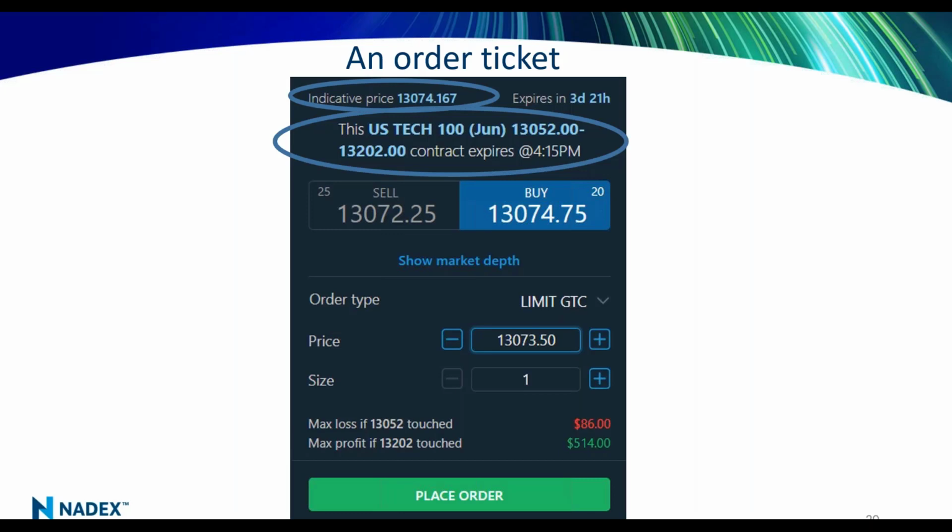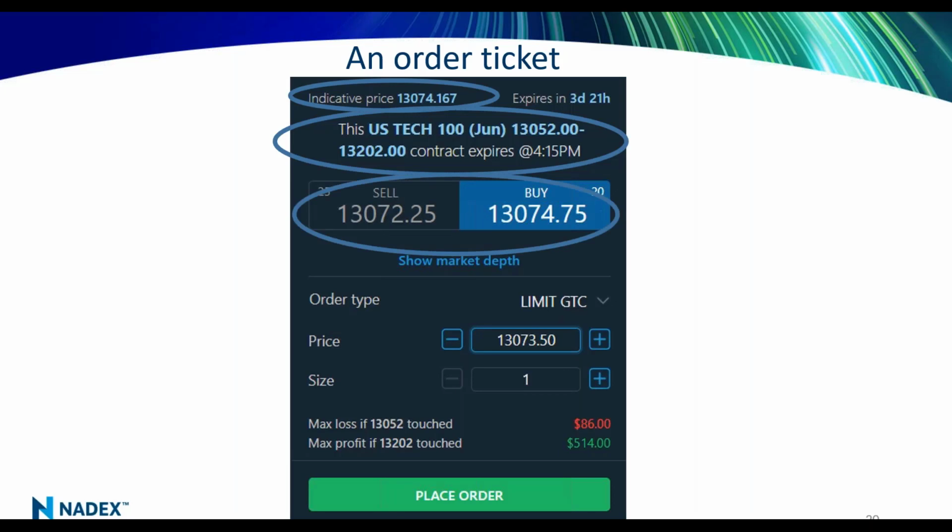It gives you the ceiling, 13,202. Notice that with a NASDAQ knockout, a one lot is worth a total of $600. You can see that from the bottom of the order ticket, versus a knockout for an S&P, where the total is 500. Now, there will be a bid and an ask.